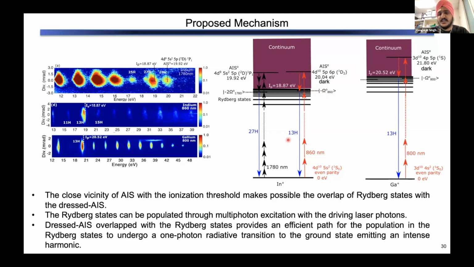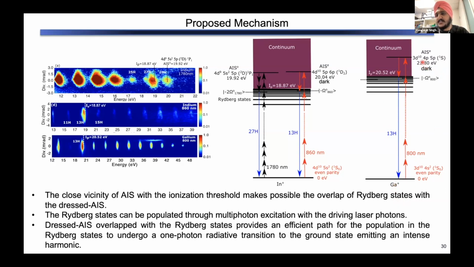In this way, if this mechanism is true, it provides a tool to study these kinds of dark states through high order harmonic spectroscopy. And similar conditions can be satisfied in the case of gallium.